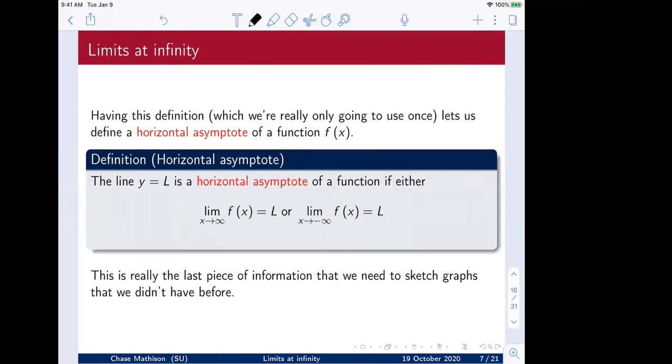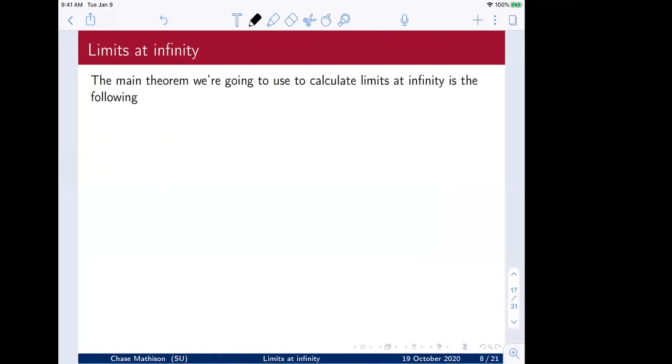So that's the last piece of information that we really need to be able to sketch graphs accurately, that we didn't really have or use before. So the main theorem we're going to be using to calculate limits at infinity is the following.